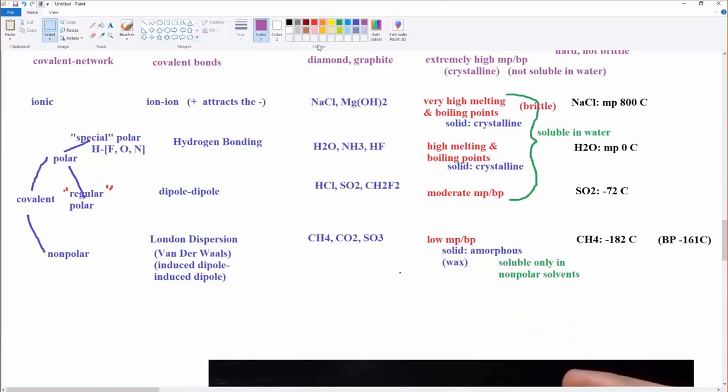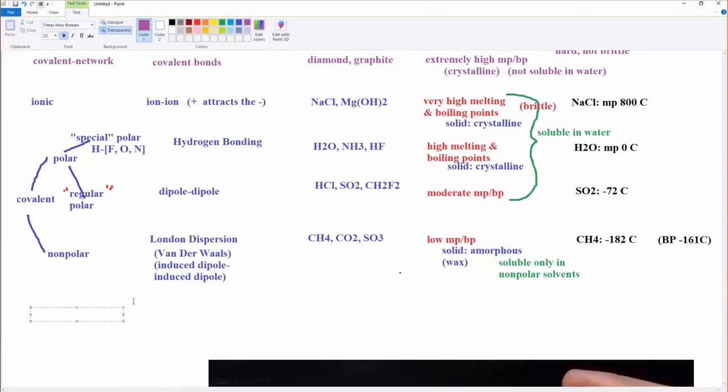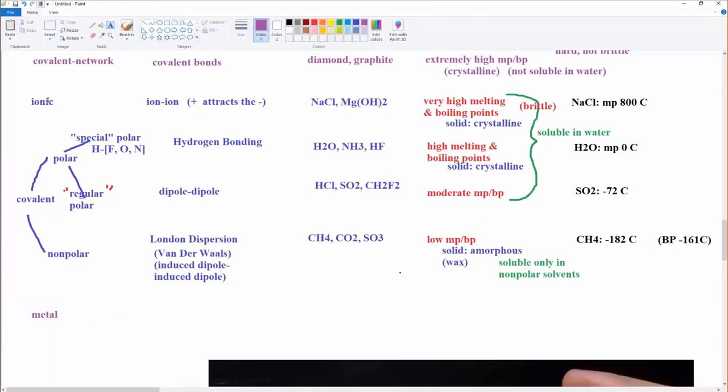All right, last thing I'm going to put down here is a metal. A metal is a solid that doesn't really fit nicely into this ionic or covalent category. If you have a gold ring, a silver spoon, or a chrome bumper, these are metals that are solids.